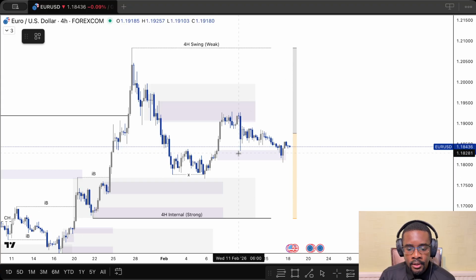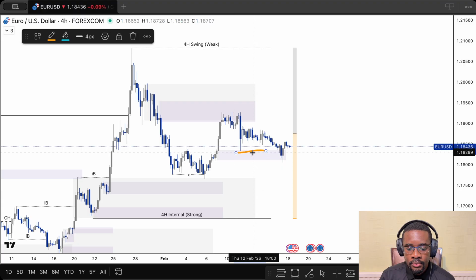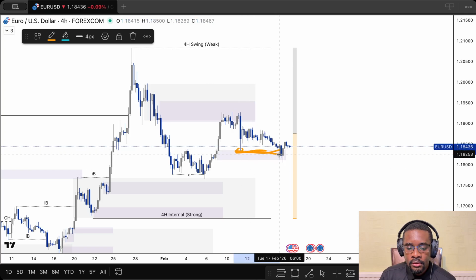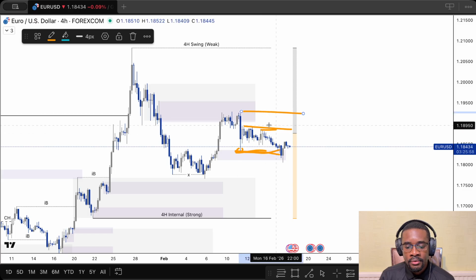I think yesterday I mentioned that I'll be looking for some kind of longs once we break below this low, and I was saying that we might be targeting some areas up here, somewhere in this region.